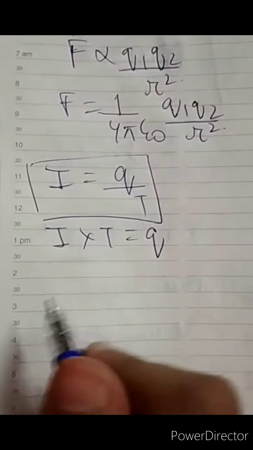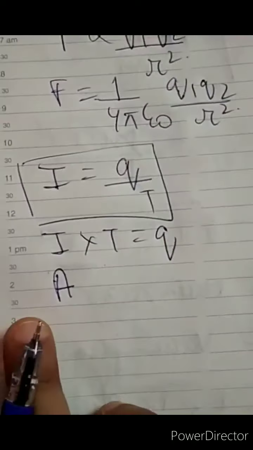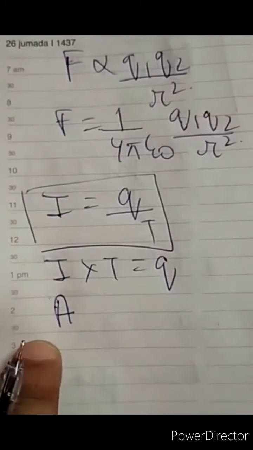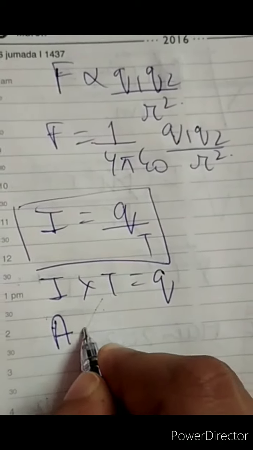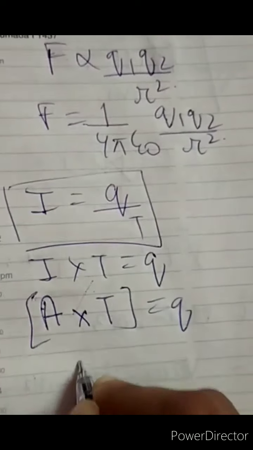I is electric current, denoted here by A. Current is among the 7 fundamental quantities we discussed in our introduction, with unit ampere. And T is time, so AT gives you charge Q.